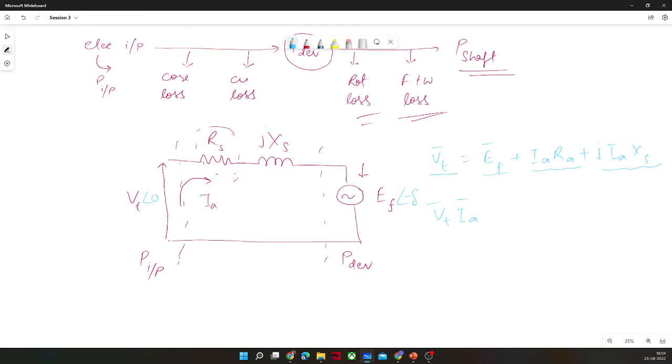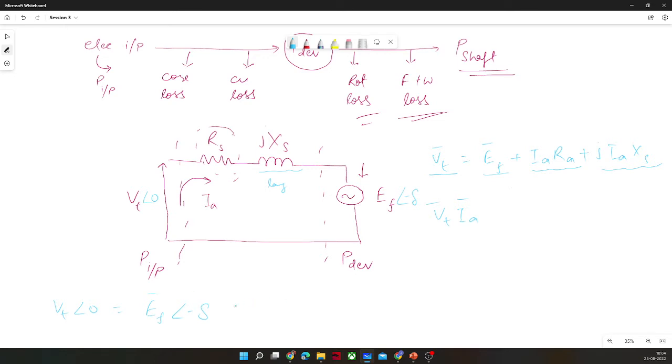And the current across RS or resistance would be same in the phasor of terminal voltage, and XS would be lagging. So overall, if I write in terms of phasor, VT angle 0 is equal to EF angle minus delta.